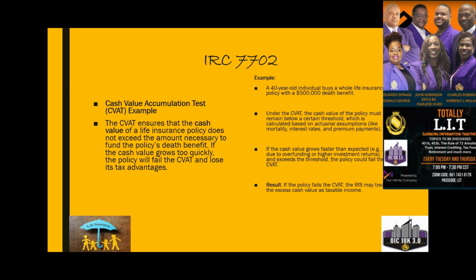And if the cash value grows faster than expected due to overfunding or maybe higher investment returns and it exceeds the threshold, the policy could fail the cash value accumulation test. And this failure will result in the IRS treating this excess cash value as taxable income. So it will create a taxable situation.